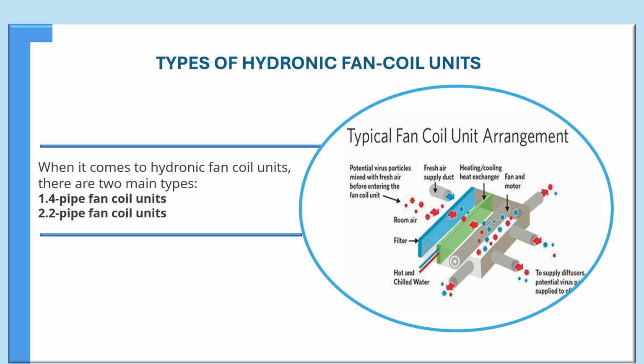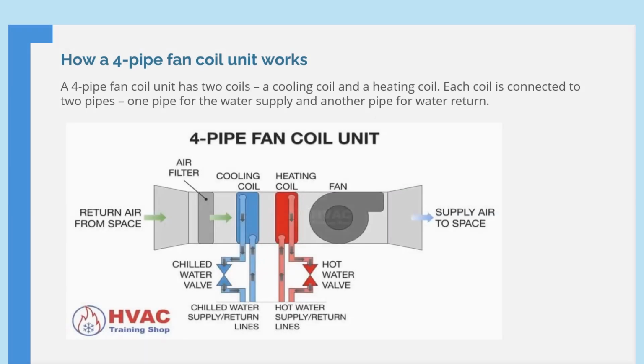How a 4-pipe fan-coil unit works. A 4-pipe fan-coil unit has two coils, a cooling coil and a heating coil. Each coil is connected to two pipes, one pipe for the water supply and another pipe for water return. So as you can see, we have a cooling coil and a heating coil, with each connected to a water supply.